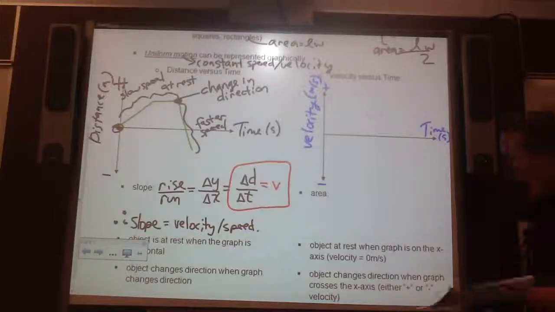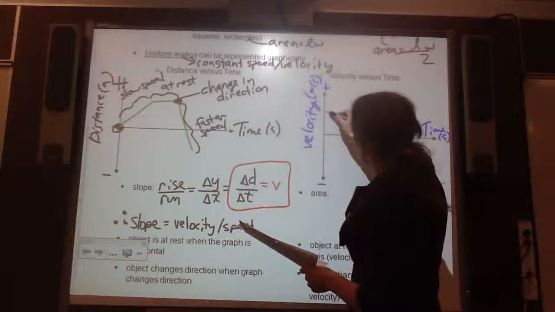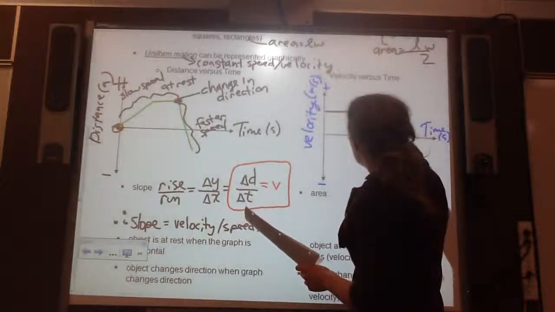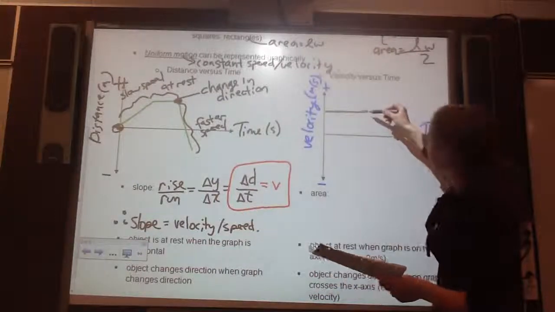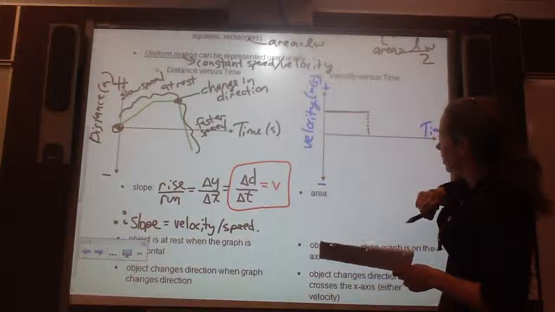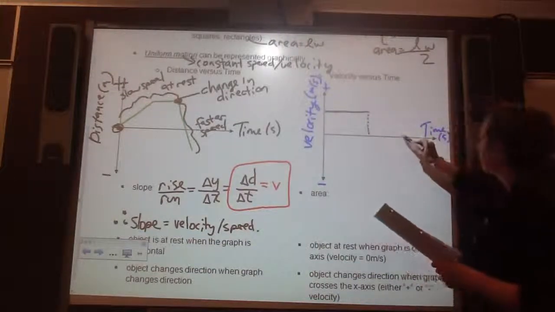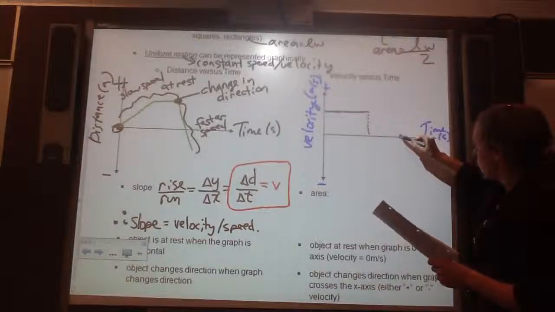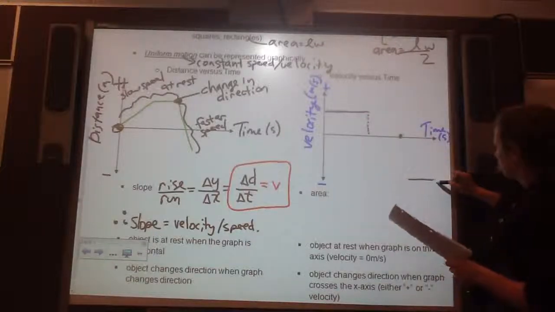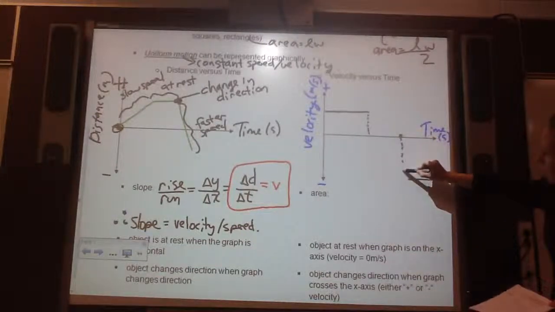Okay, so again, let's look at an example. We're still doing uniform velocity, so we just see it going just straight across. And just draw a dotted line down. And then leave a bit of space, draw a dot, and then there's a line down here.